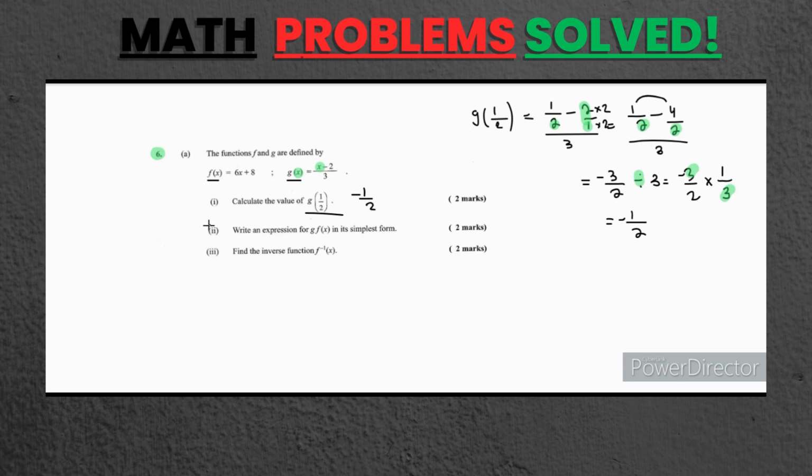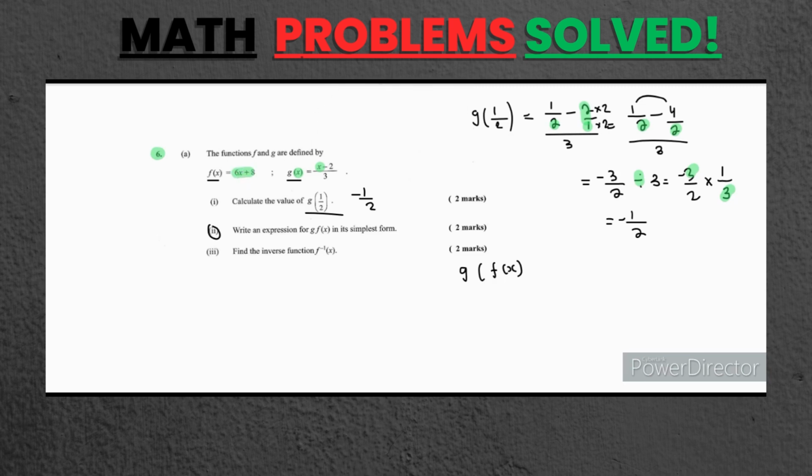You will take the second part, write an expression for g of f of x. How will you find an expression for g of f of x, right? First of all you should know what is f of x. f of x is 6x plus 8, right?